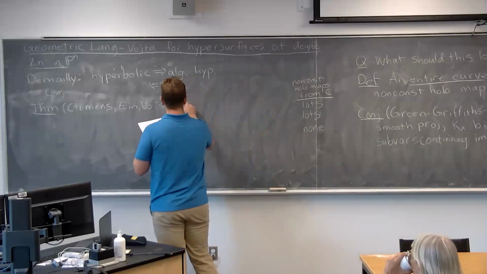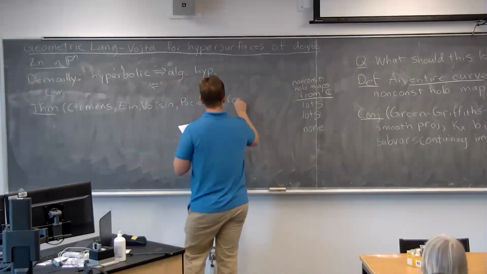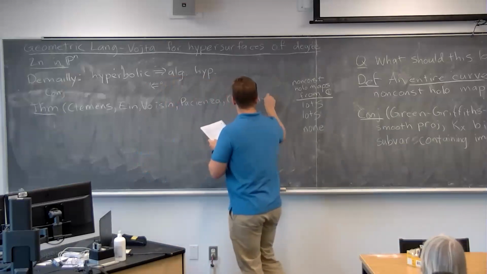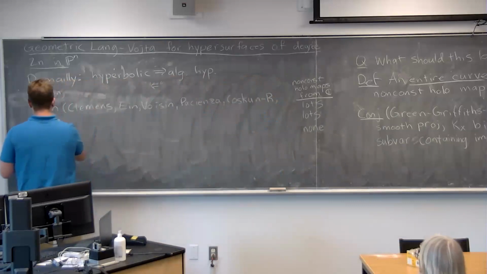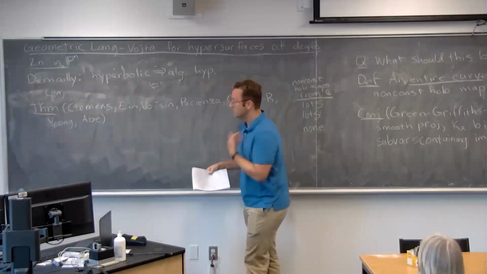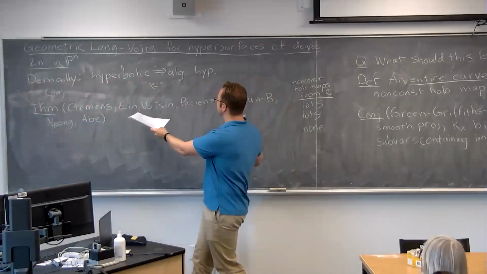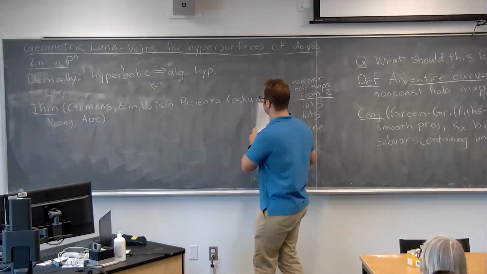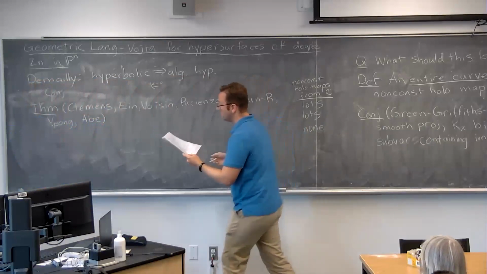So I'm writing a huge list of names of many people who worked on this problem. And so Yeong, she's my collaborator, but not for this. This was an independent project. She was my grad student. So Clemens, Ein, Wazan, Pacienza, Josh Good, and myself, Yeong, and Abe.